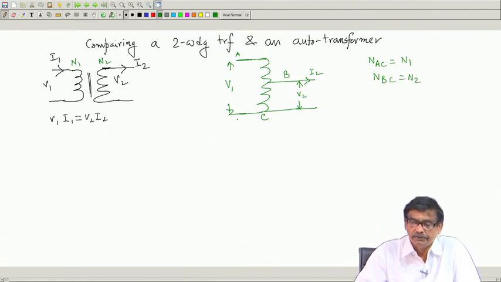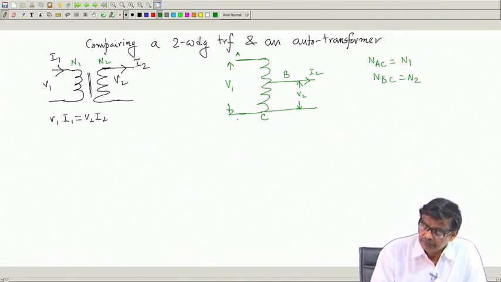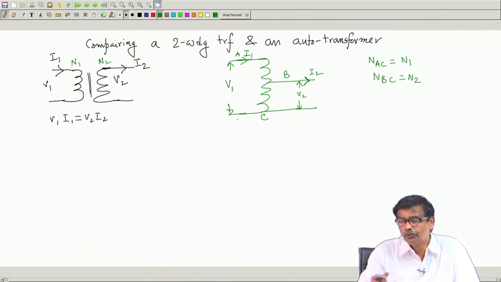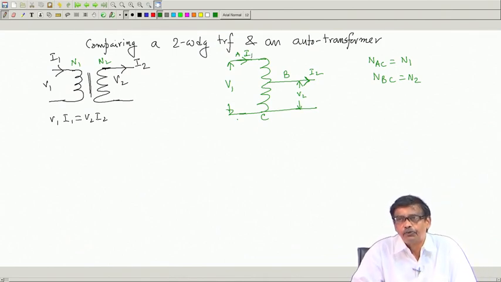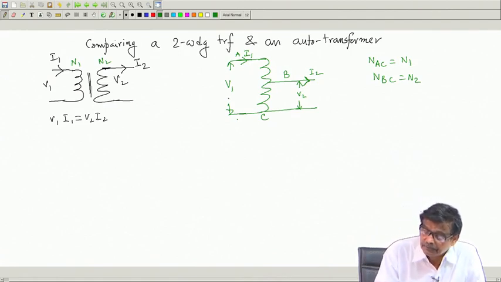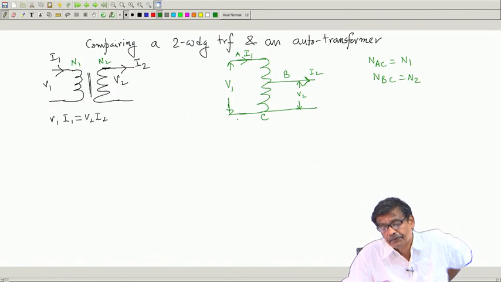This is what I will do. Therefore, when this current is delivered, here also the current should be I 1. Output volt ampere must match with the input volt ampere. So, this is V 1.